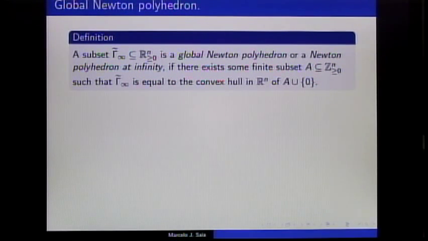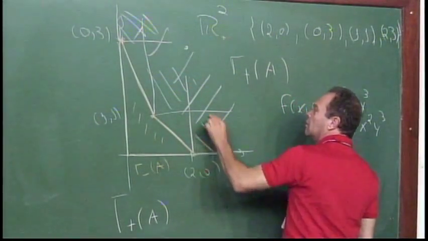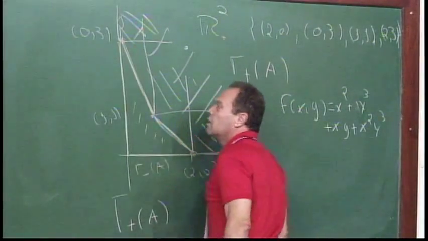But when we do the other, we consider K plus V. This is why I wrote these sets, to take the convex hull, okay?